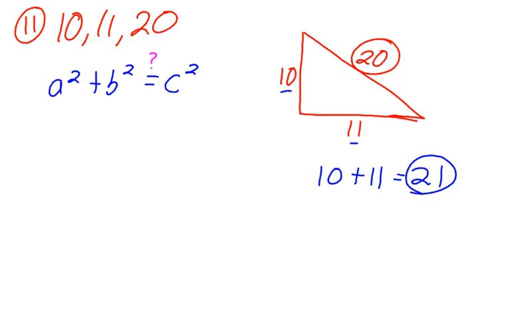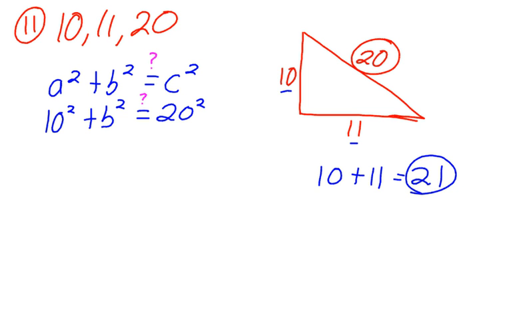So I go back to my numbers and substitute in my 10, 11, and 20. My smallest value is my a, my middle value is my b, and my greatest value is my c. I'm going to keep that question mark here because I'm still determining if these two are equal or not.